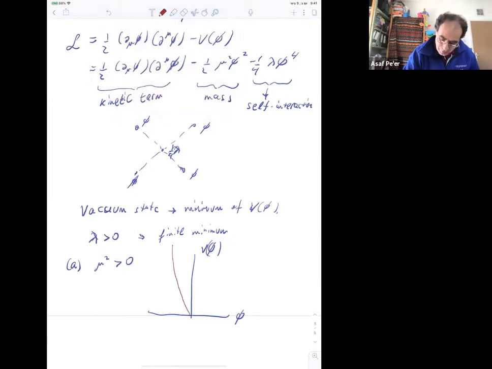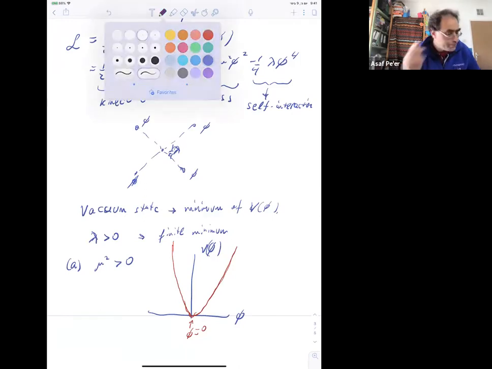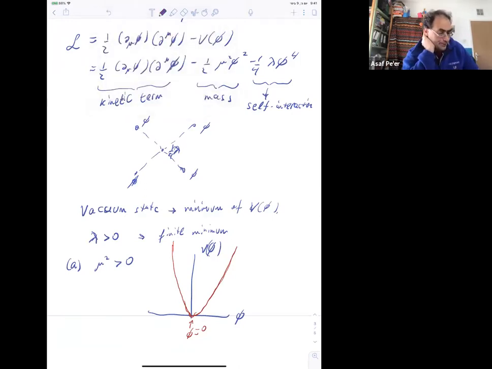We'll have a minimum. It's a quadratic function. The minimum would be at phi equal to 0. And if this is the case, then the Lagrangian we have really represents a scalar particle with mass mu and a 4-point self-interaction term, exactly what we have here.